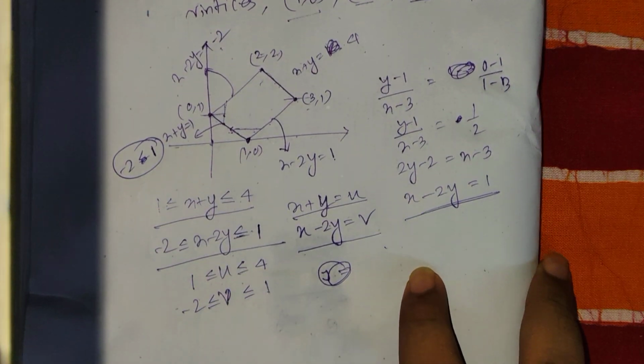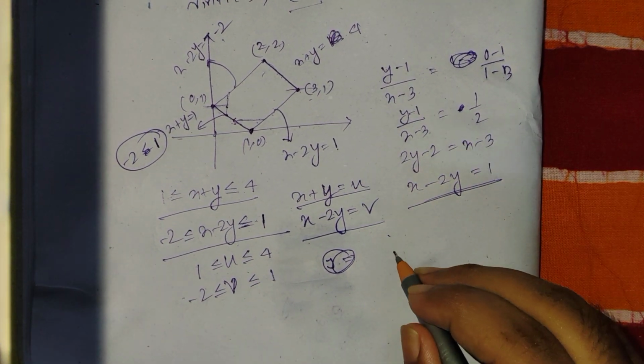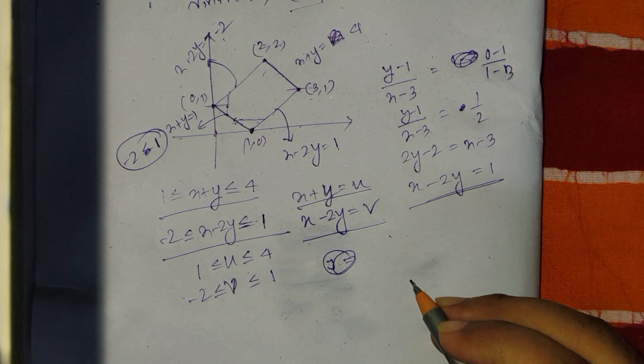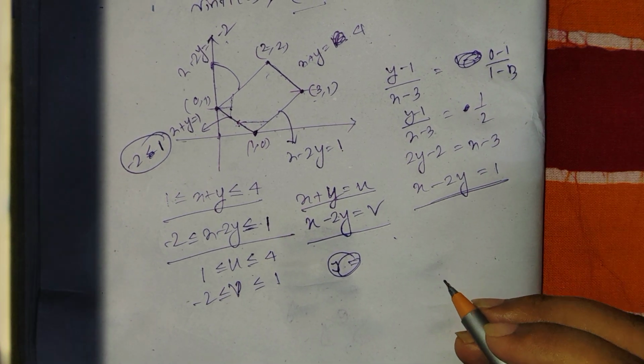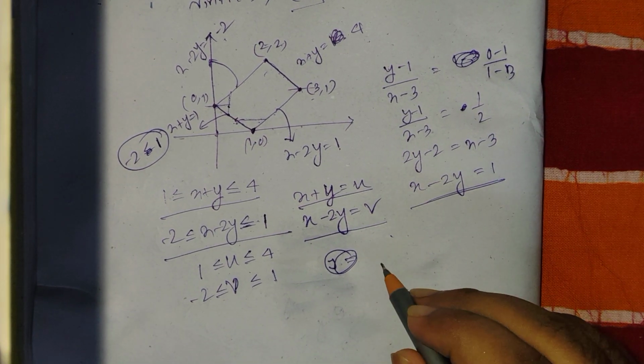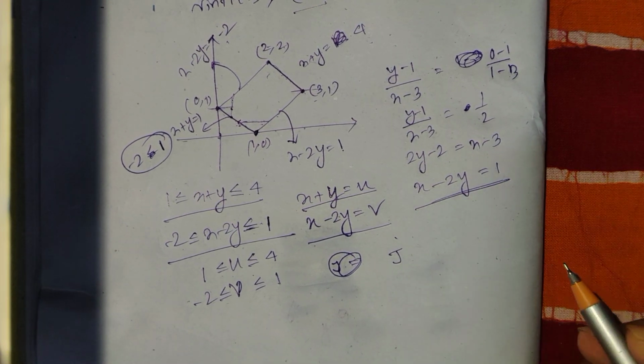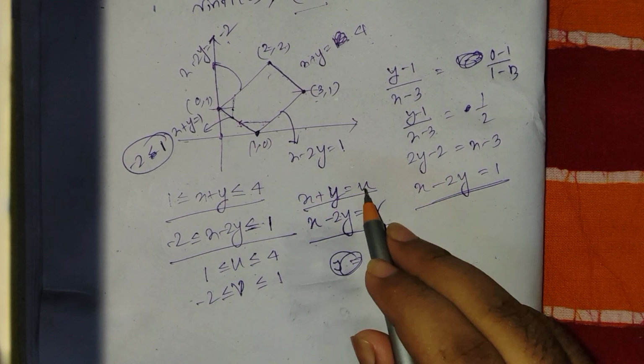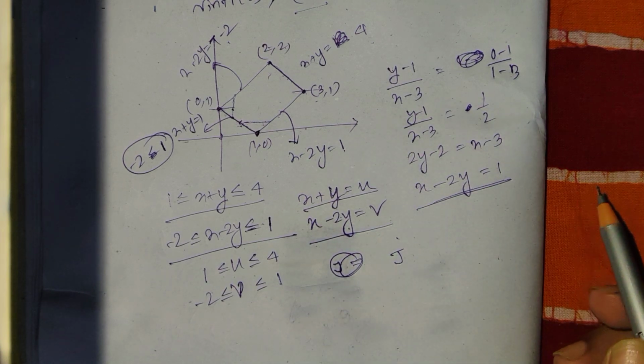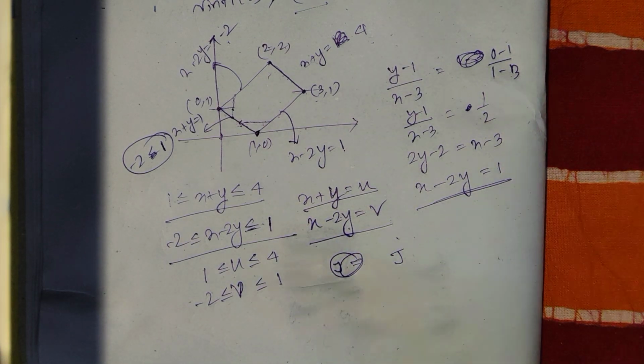You have to understand, sometimes I make mistakes. However, you have to understand when you need to use Jacobian prime and when you need to use Jacobian. In that case we need to use Jacobian prime, otherwise you have to solve these two equations for x and y in terms of u and v, and then differentiate with respect to u and v.